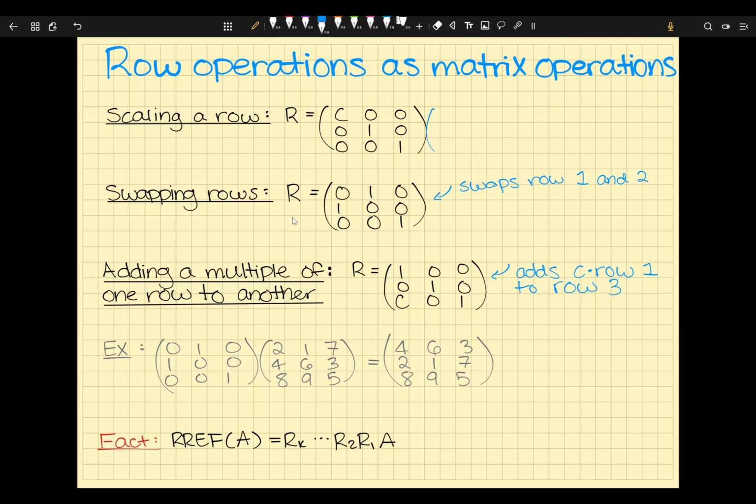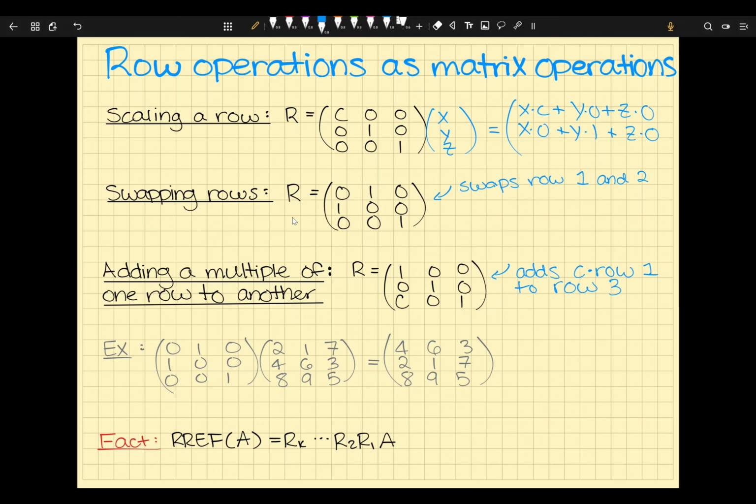So let's just multiply it by some vector, x, y, z. For the first entry, we're going to get x times c plus y times 0 plus z times 0. For the second row, we'll get x times 0 plus y times 1 plus z times 0.